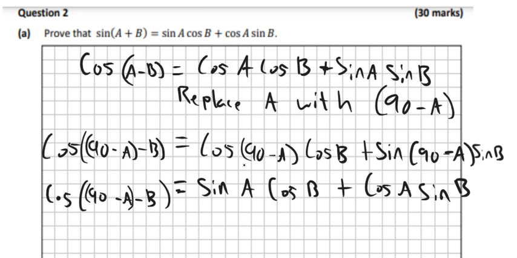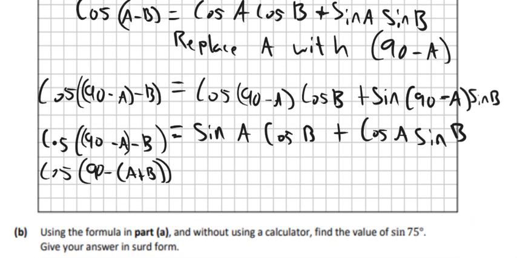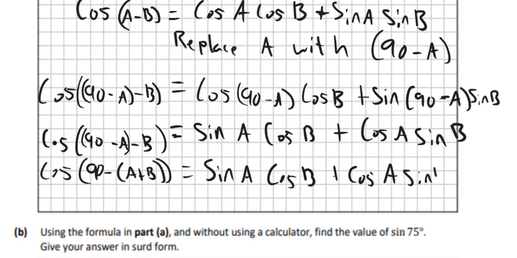So I'm going to change that into 90 minus and then A plus B. Because we've got 90 minus A plus B, we can just call it sin again, so we can interchange sin.